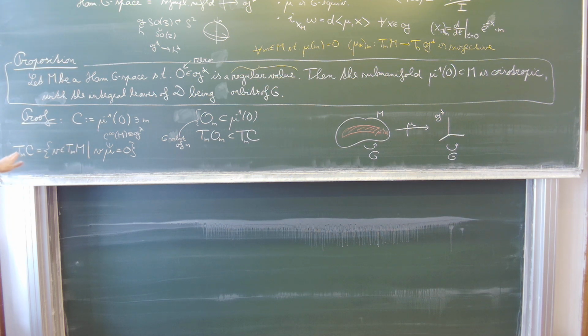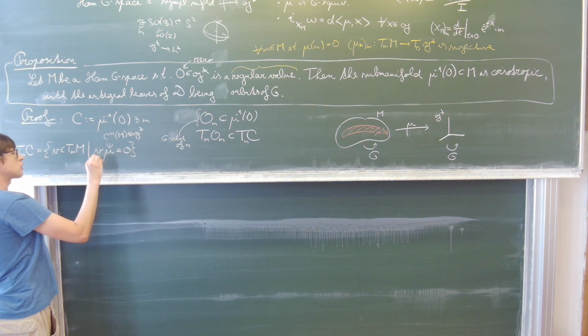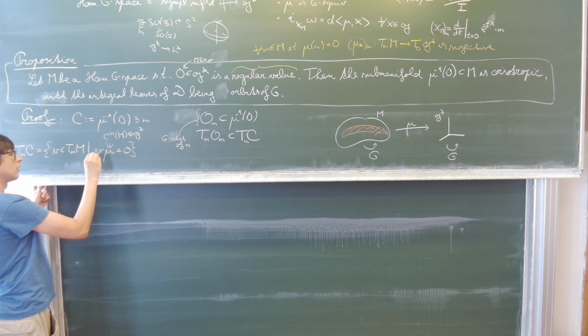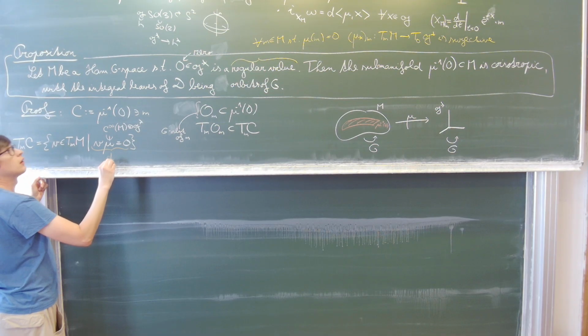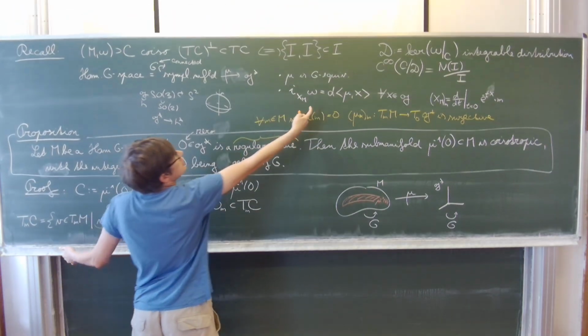How do I stay tangent? I stay tangent if I don't change the value of mu, because I want to be in the preimage of 0. I don't want to go out of it. Okay, so now let's just rewrite this. What does this condition really mean? Well, first of all, this is the same. I want to get to this one. This is where I'm heading.